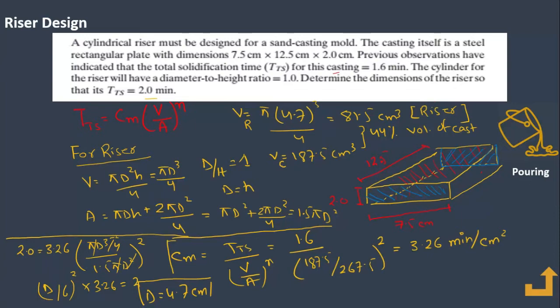So this is why we need to consider the shape such that the V by A ratio of the riser is higher than the V by A ratio of the casting, so that we can have the higher time required for solidification.